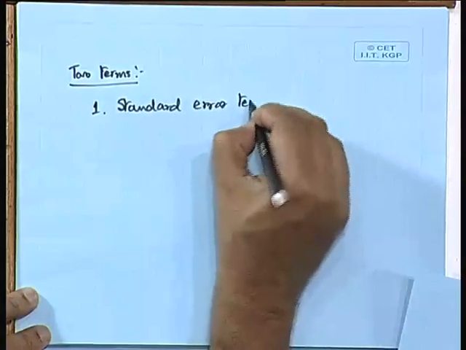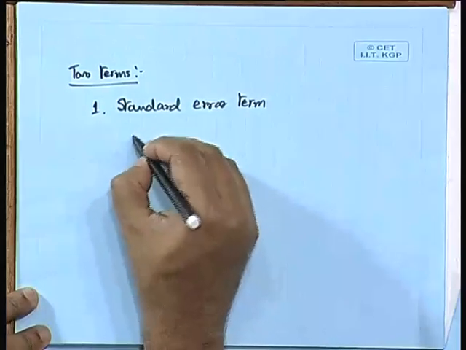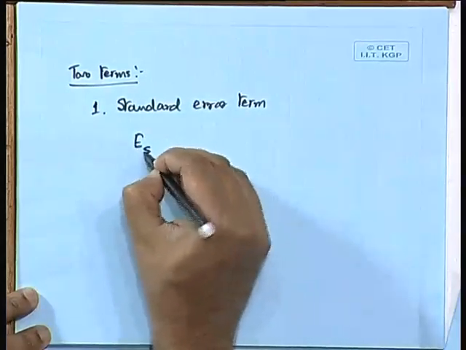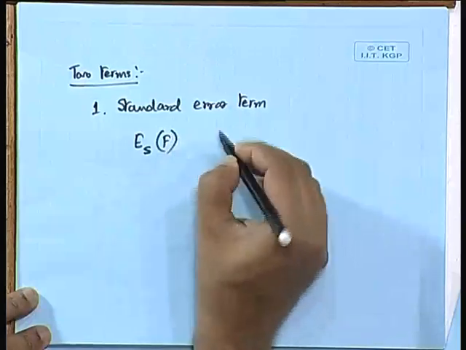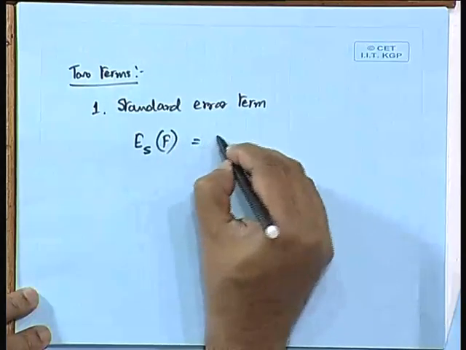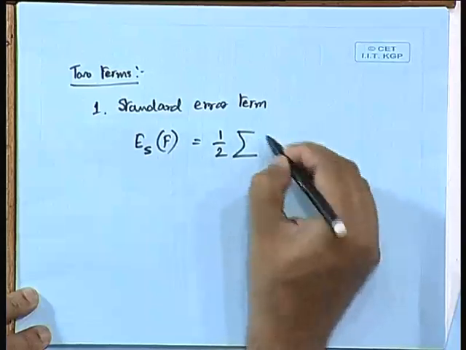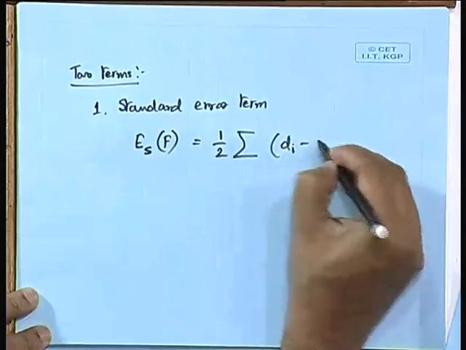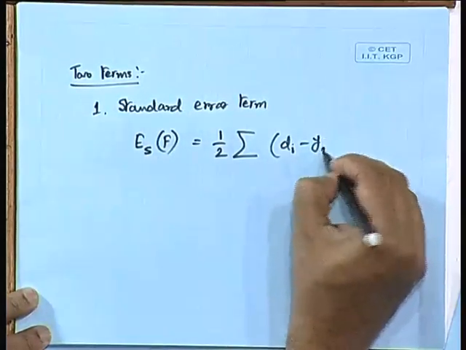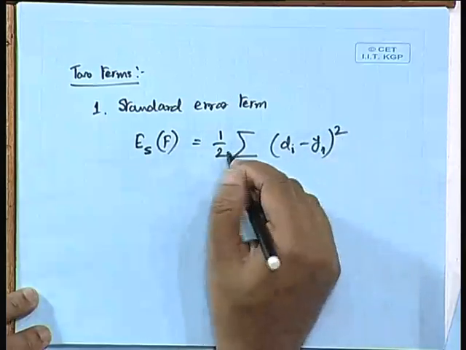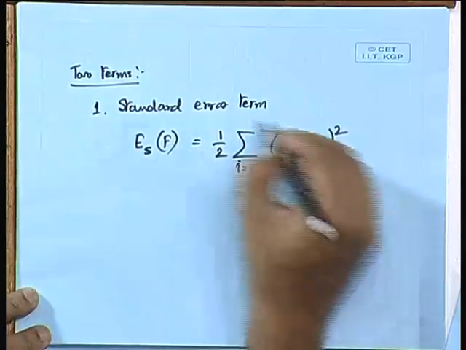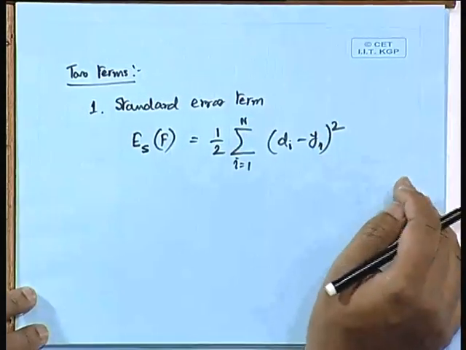In our usual way, what we had already done earlier. So, that is the error term Es of f, we can write down as half of summation di minus yi whole square, summed up from i equal to 1 to n.